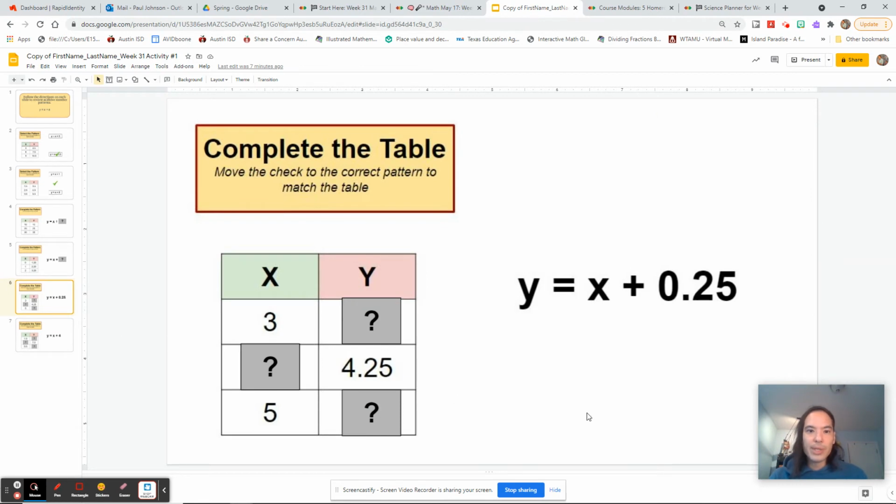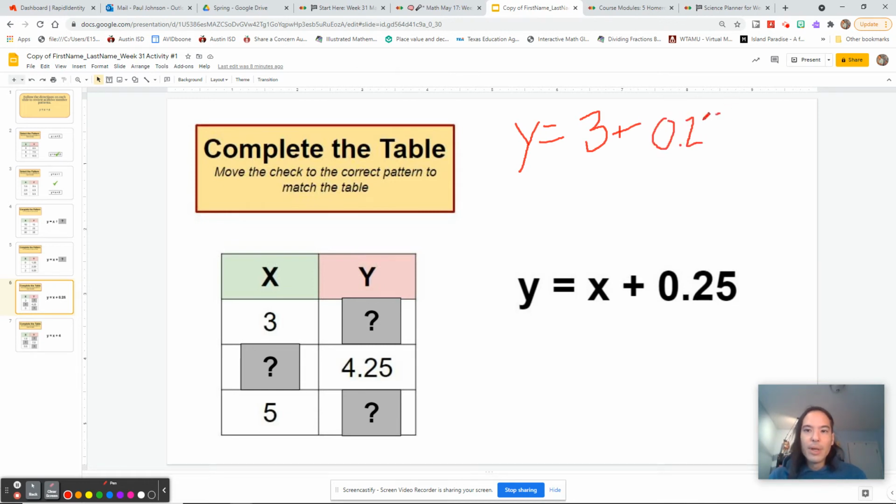Ooh, this one's more like a puzzle. That's cool. All right, but they gave us the rule, so we're just going to use the rule. That's kind of simple. So we're going to use the x and plug it in right there. So if y is what we don't know, x is 3. So we're going to replace x with 3 plus 0 and 25 hundredths.